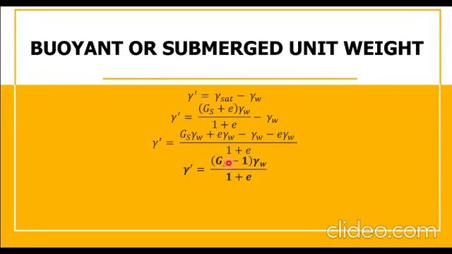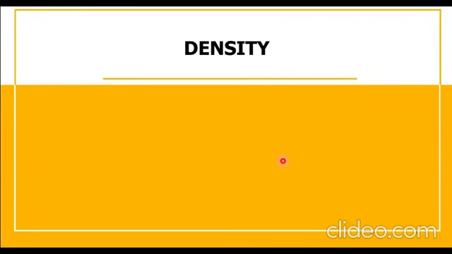So, nilabas natin yung unit weight of water. That's why this will be equal to GS minus 1 multiplied by unit weight of water all over 1 plus E. And then, in terms of density, palitan lang natin yung unit weight natin ng unit weight of water. Gawin lang natin siyang density.